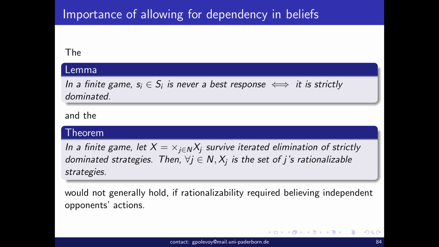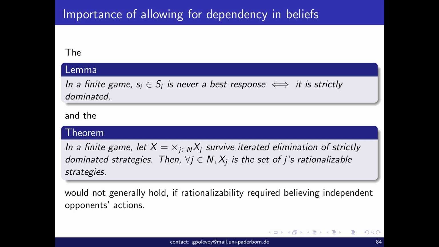By the way, we spoke about minimum and maximum, so that's why we use the finiteness of games. And we also proved the theorem that in a finite game, a strategy set which survives iterated elimination of strictly dominated strategies, till the end so that we cannot eliminate any longer, is exactly the set of all the rationalizable strategies.